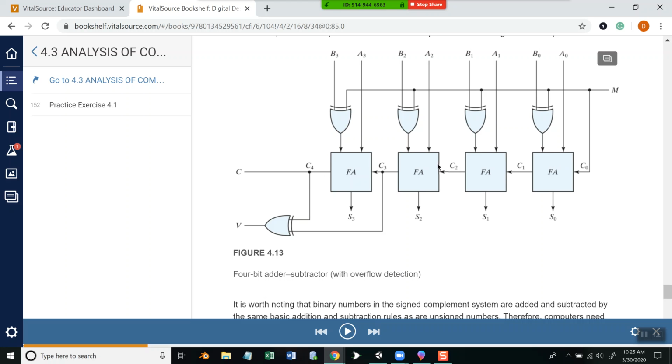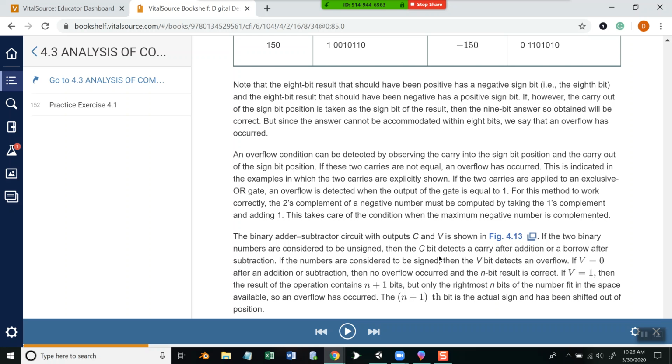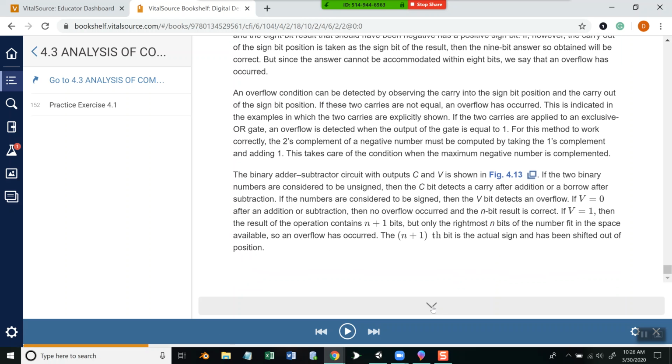If you send C0 and C4 through an XOR gate, then that would tell you whether you have an overflow or not. This just simply sends it on to C. I guess they don't even show it really.